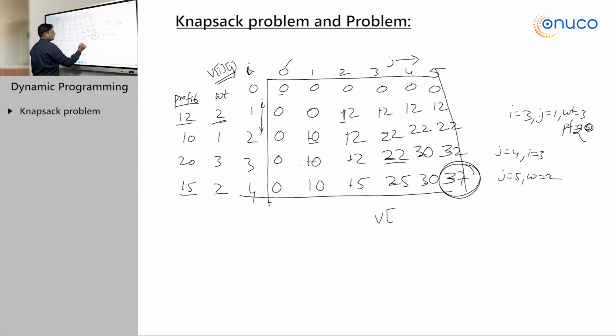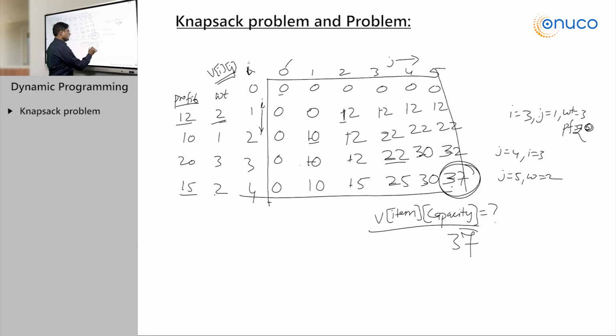Meaning V of number of items and capacity will give you the maximum profit. V of item and capacity in this case is 37 and this is the optimal solution. This is also called the optimal solution, right?